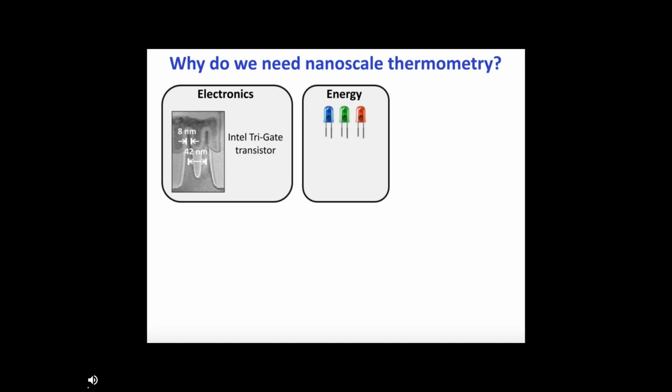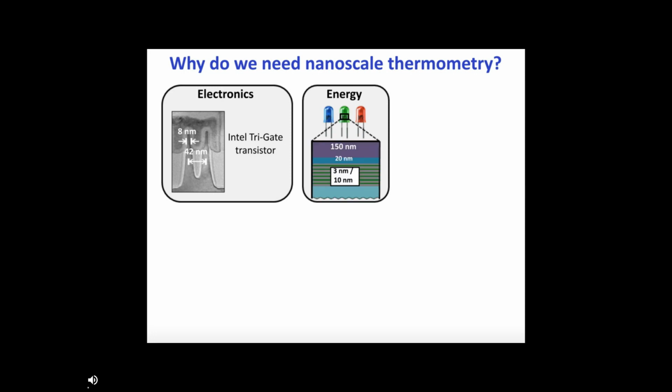Another area where heat transfer is important is in a number of energy applications. Here, one particularly important example is lighting, which accounts for about 6% of our total energy use here in the US. As we've shifted away from incandescent light bulbs to LEDs, the thermal challenges associated with lighting have shifted to the nanoscale.